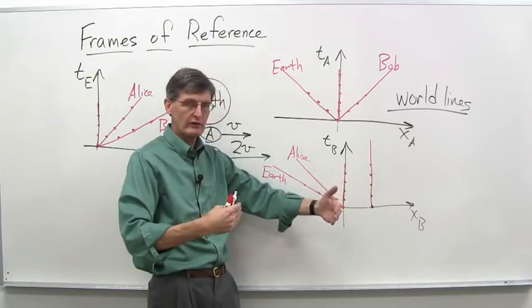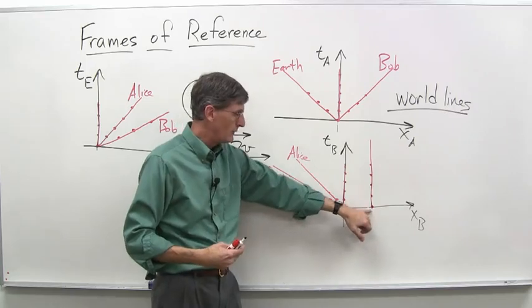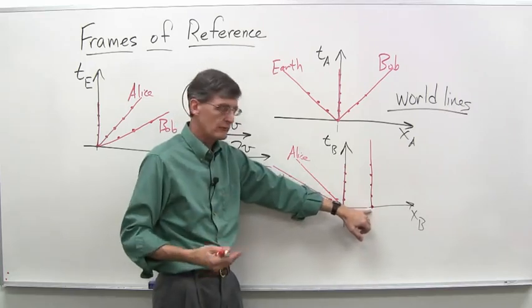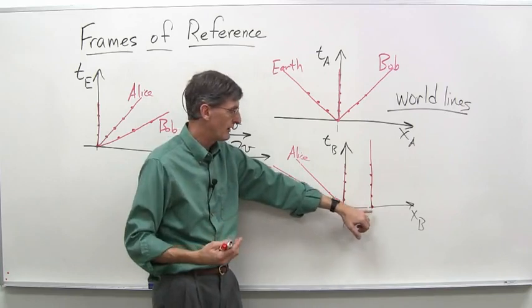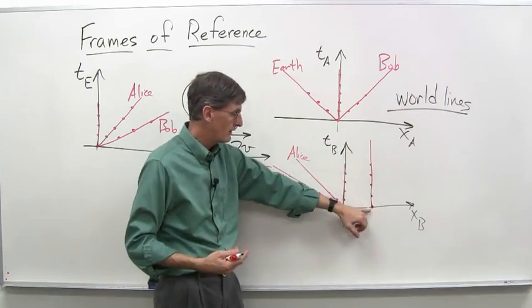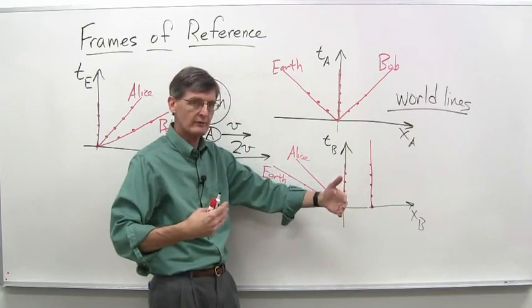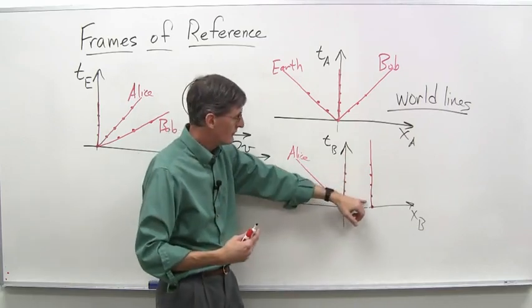It's a fixed distance from him. Maybe 10 meters ahead of him is the tip of the front of his spaceship, and it's not going to be moving as far as he's concerned. It's always 10 meters ahead unless something terrible has happened to his spaceship.